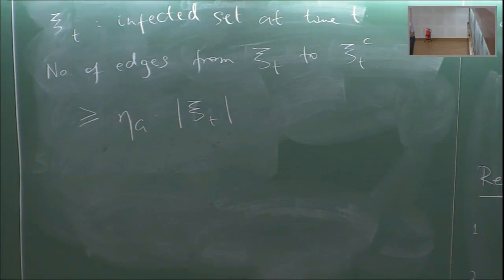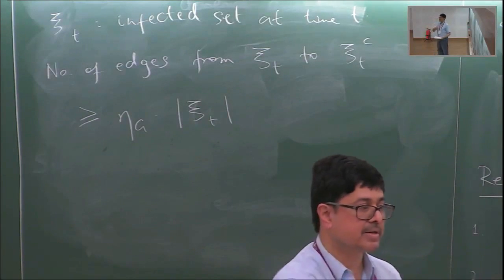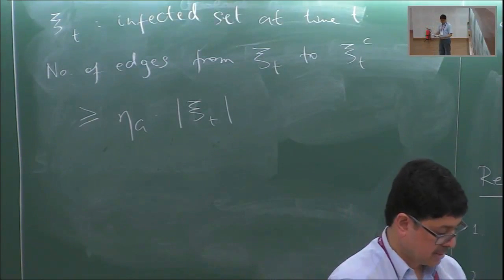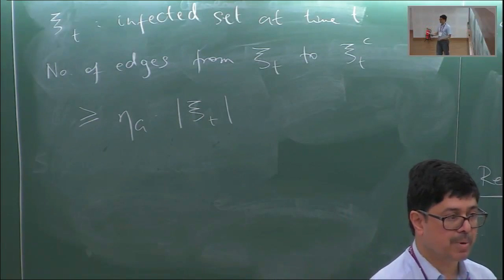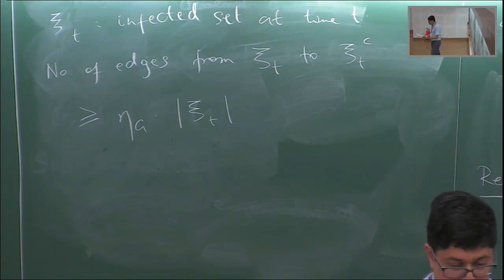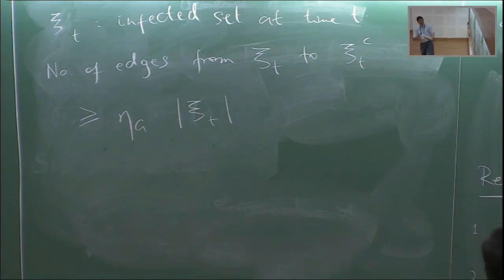Okay, so that was the results about that paper. I'll come back again to more refined results about the contact process on power law random graphs, and this is a paper by Chatterjee and Durrett.